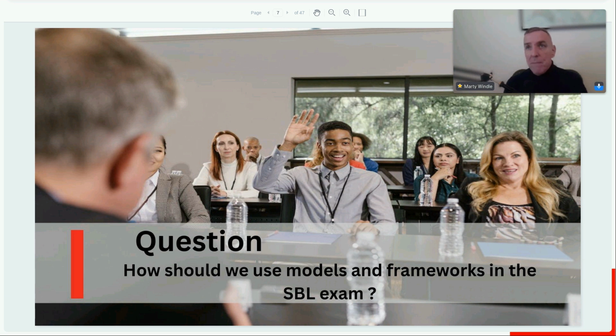You should not be mentioning the model name. You should never describe the model. They are there for you to generate ideas. So if you're using suitability, acceptability, and feasibility in the examination, it's really there to generate ideas. You don't need to reference it. It's just there to build your answer. It's a guideline to formulating your answer in the examination.